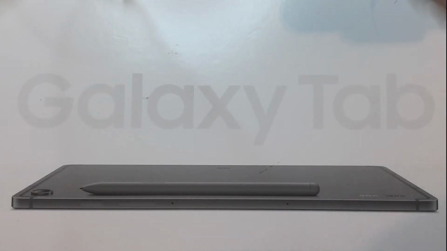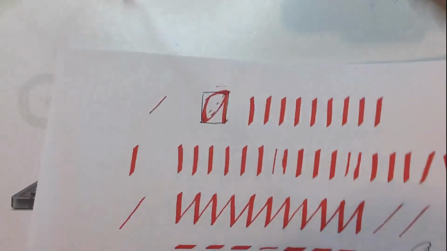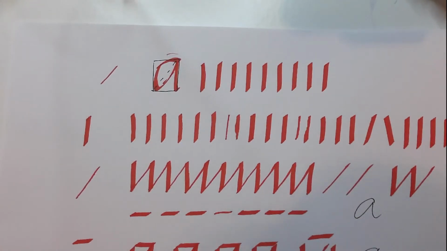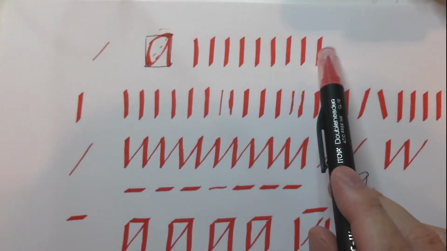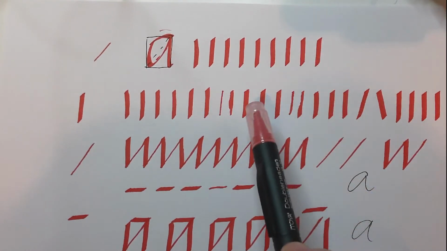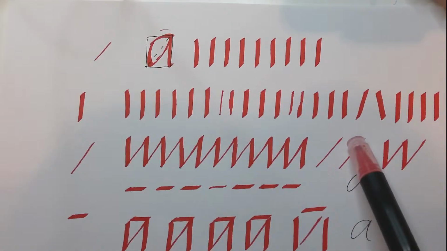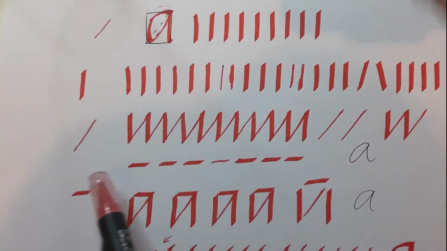So in the previous live stream we saw how you can learn calligraphy step by step. We saw that it's just a matter of practicing the vertical stroke, then the diagonal, and then the horizontal stroke.